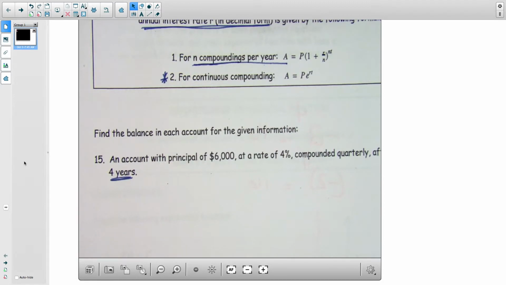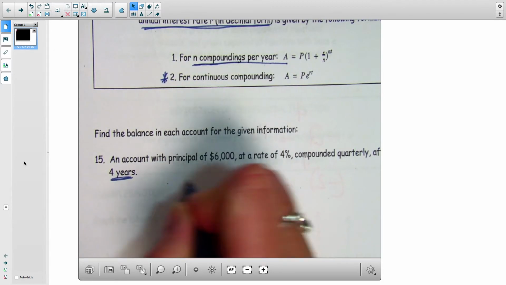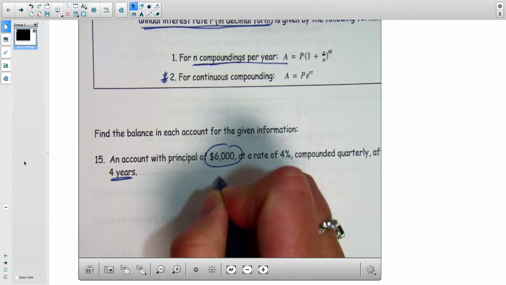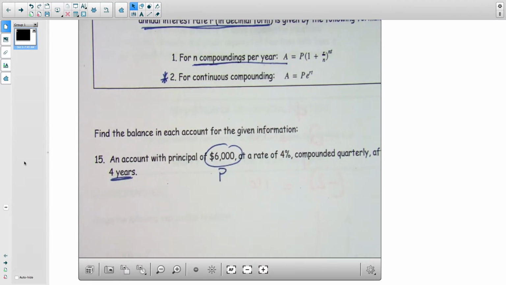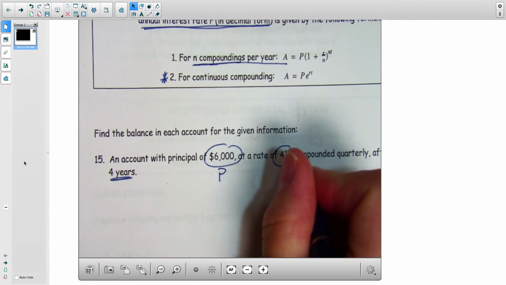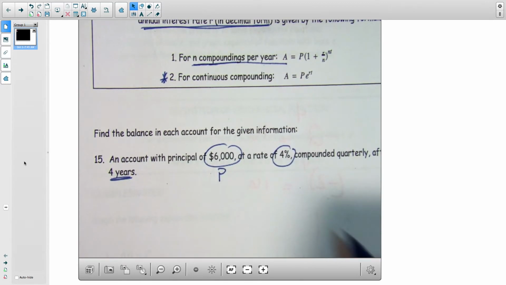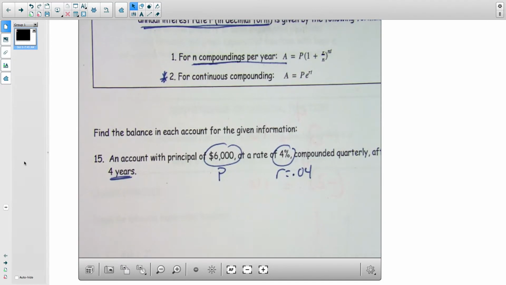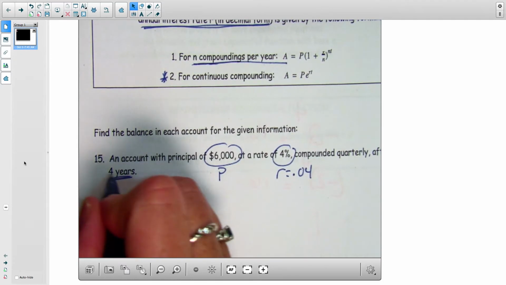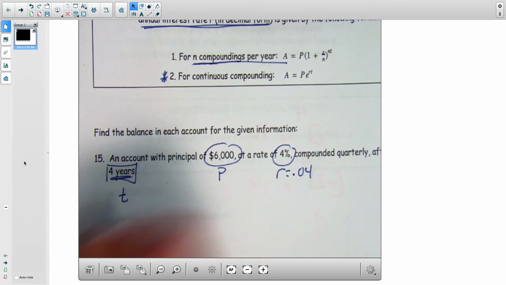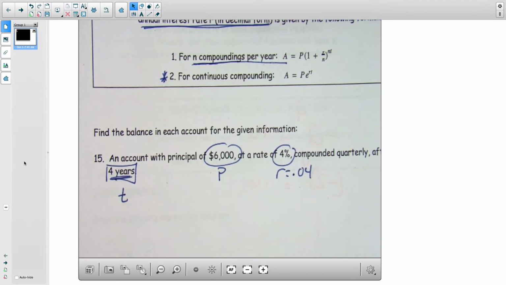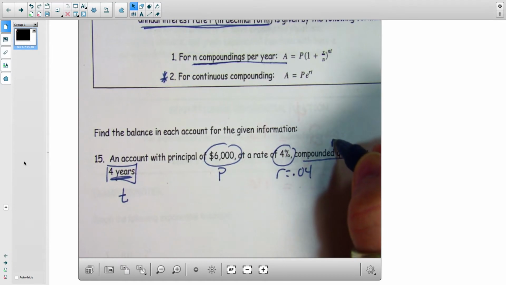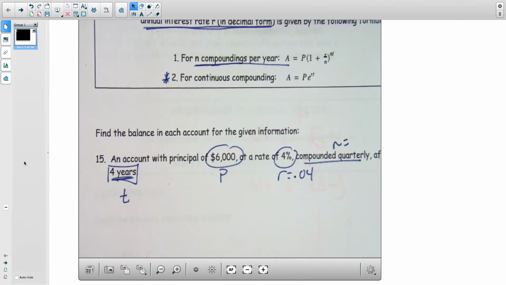So an account with principal, so we're going to do P is what? P is the principal. What's the 4%? That's your rate, and we're going to make it 0.04. 4 years is the time. Quarterly is N. So how many quarters are there in a year? 4. 12 divided by 4.